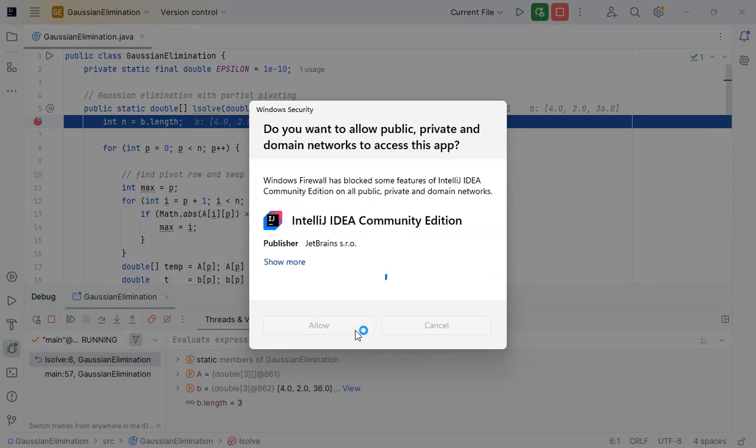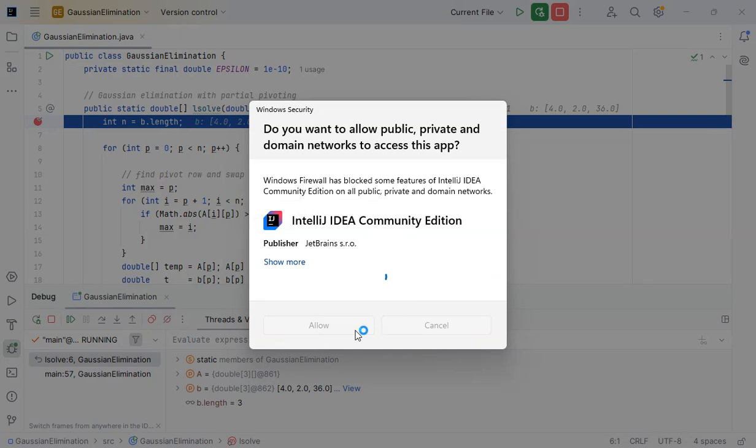This maximum value is set, so max now is 0. So the program thinks at this moment that the maximum value is 0. Now we have another cycle, what do we need to change here? We need to start from 0 plus 1, so it will go from 1 to 2. So we will have 2 more iterations, and we will check these values with 2 iterations.